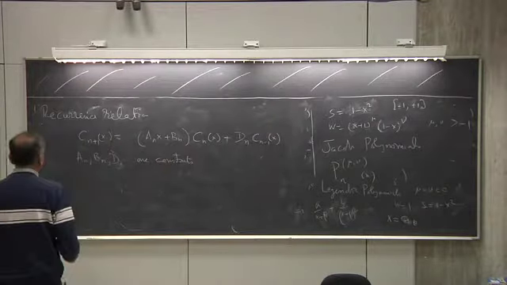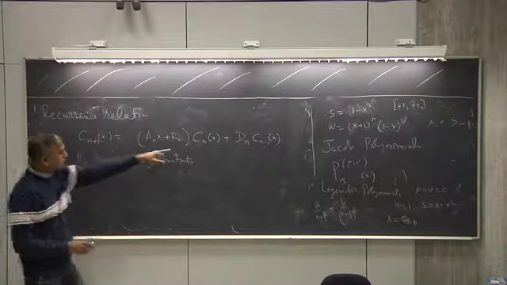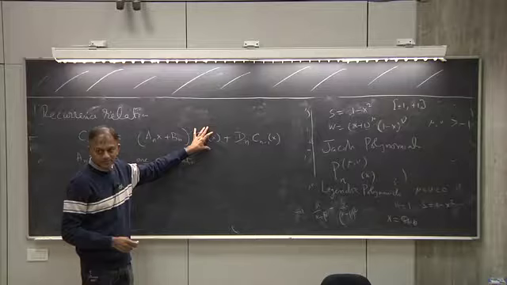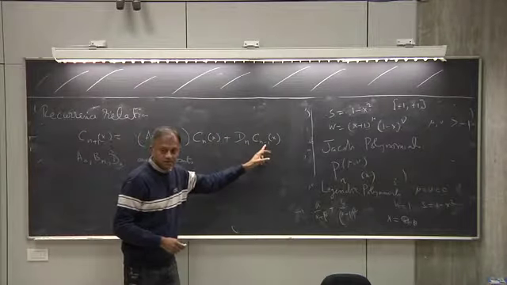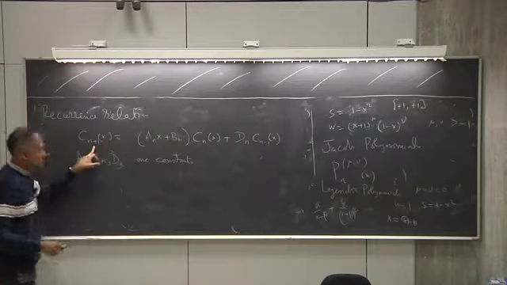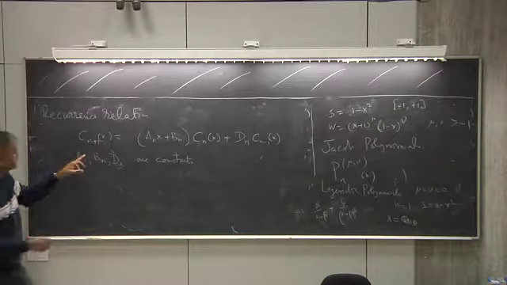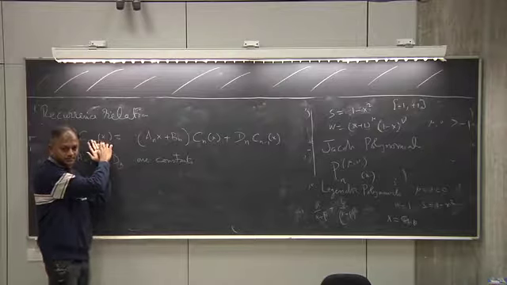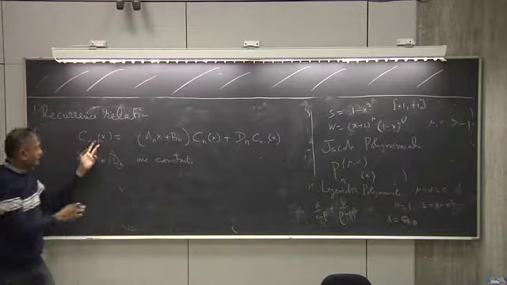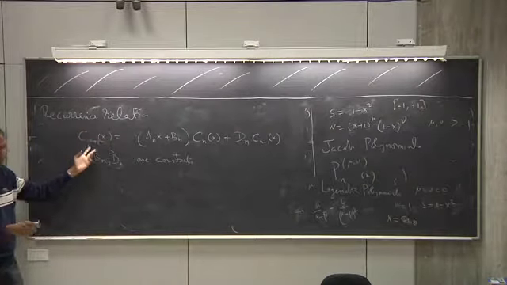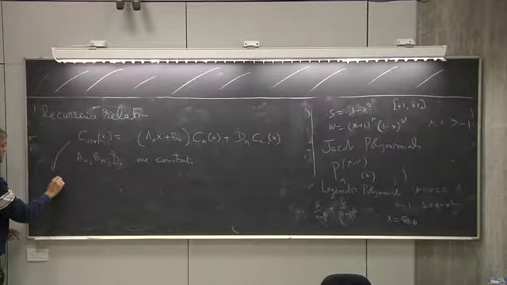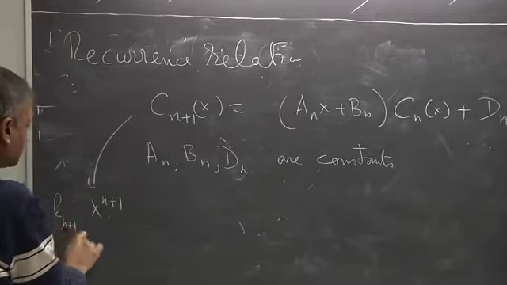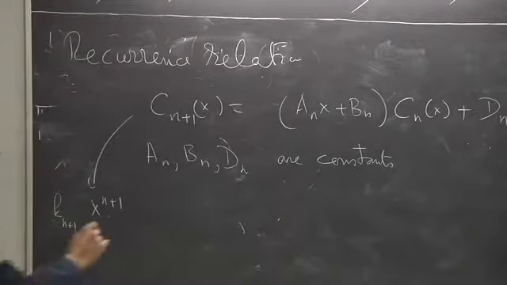Remember what the n is. This n just means it's an nth degree polynomial. This is an n minus 1th degree polynomial. This is an n plus 1th degree polynomial. So first of all, this has a term x to the n plus 1, obviously, because it's an n plus 1th degree polynomial. So there will be a term which will be like x to the n plus 1 times some coefficient, let me call it kn plus 1, plus the lower terms.